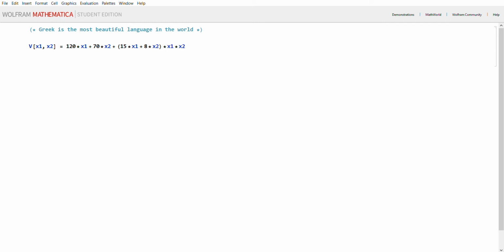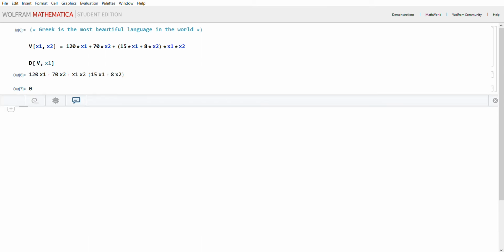At first you write out the equation. Then the second step, if you want to take a derivative, you start with the function D. D stands for derivative, and if you want to take the derivative with respect to x1, you would write D of V with respect to x1, and then you press Shift Enter.